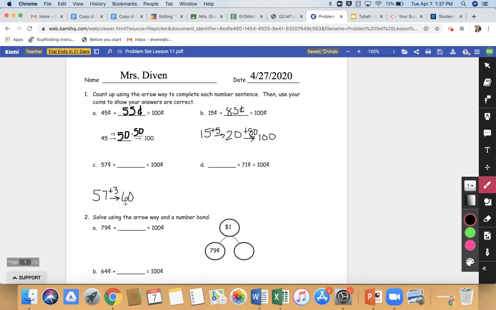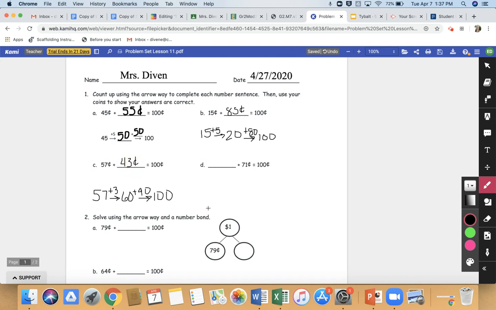Now I have to figure out what plus 60 will give me 100, and I know that 6 plus 4 gives me 10, so 60 plus 40 is going to get me up to 100. So what am I going to write here? Well, I have my 40 here and my 3 here, so it's going to be 57 cents plus 43 cents gives me 100 cents or $1.